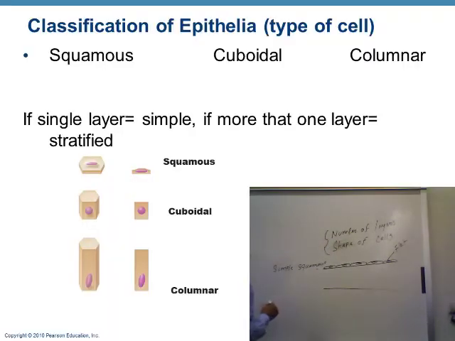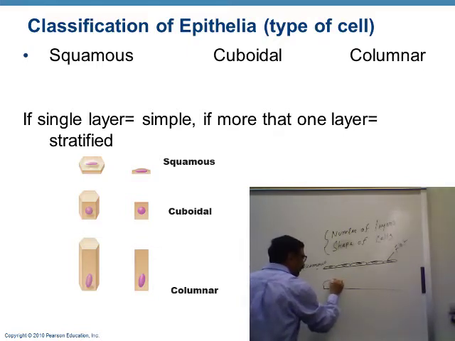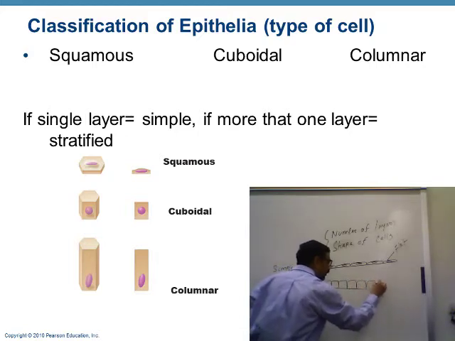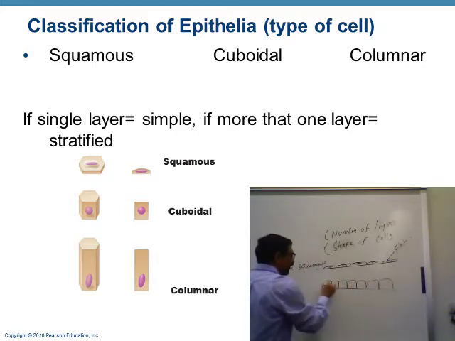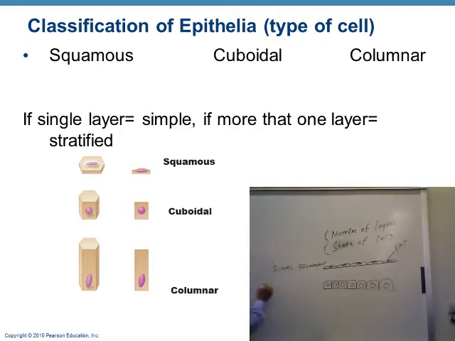Now, another type of cells you will find in the epithelial tissue are cubical cells or cube-shaped cells, and if they form a single layer, that is called simple cuboidal. A single layer of cube-shaped cells.